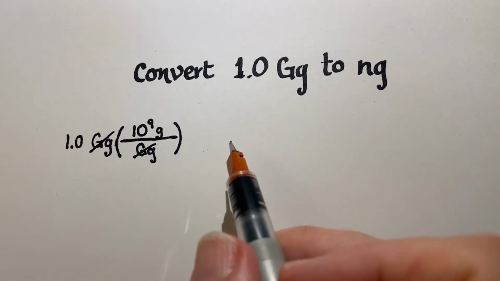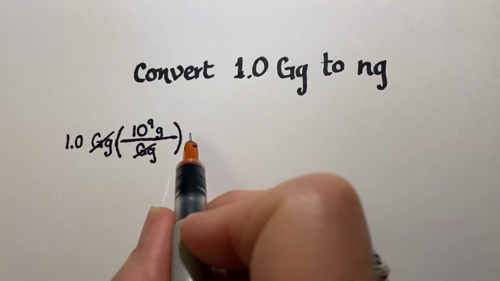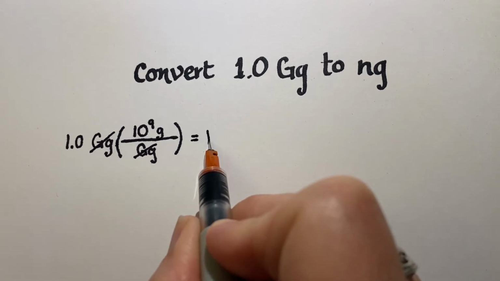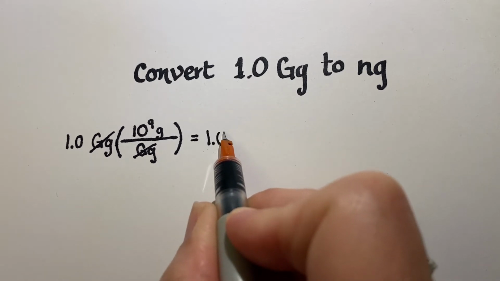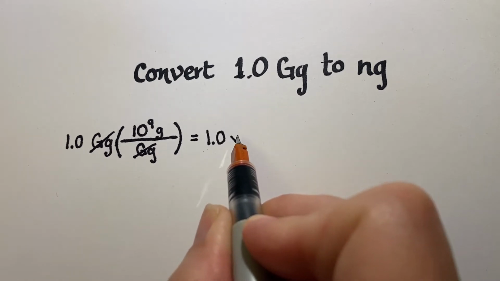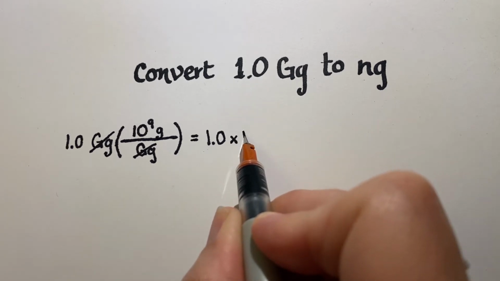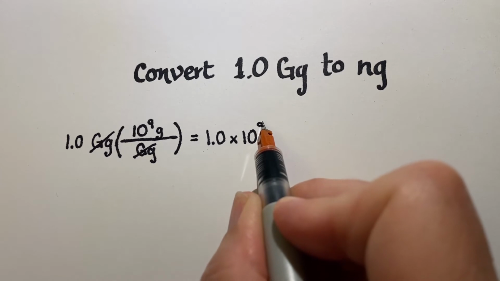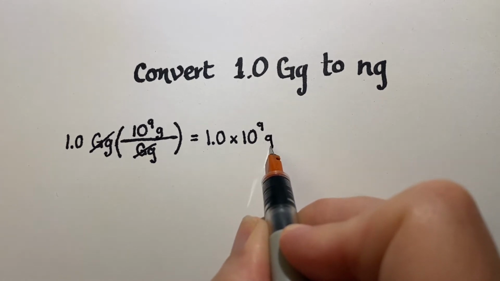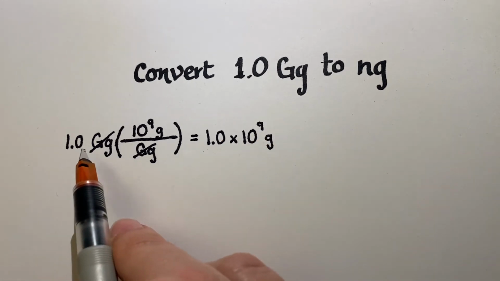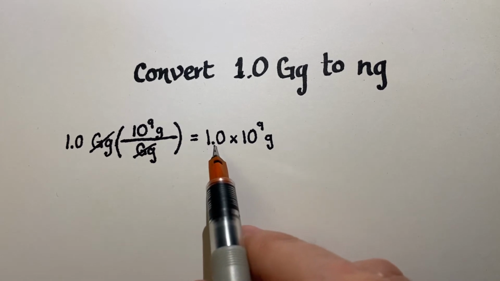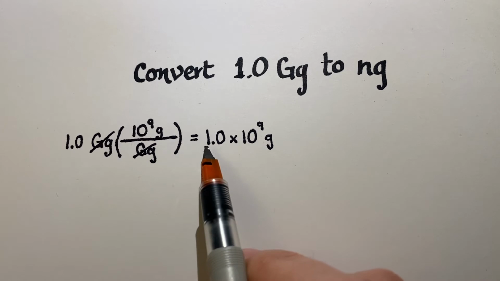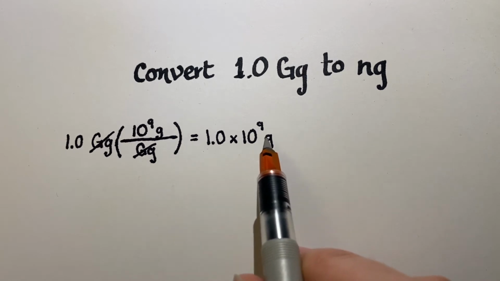And if you want, we could even do this calculation and write it out as a kind of stepwise way of getting to our final answer. 1.0 gigagram is equal to 1.0 times 10 to the 9th grams.